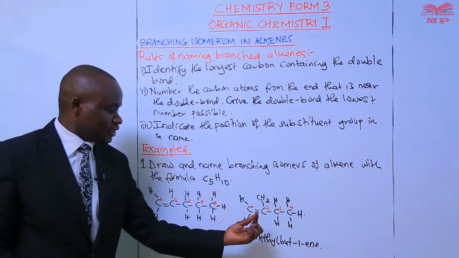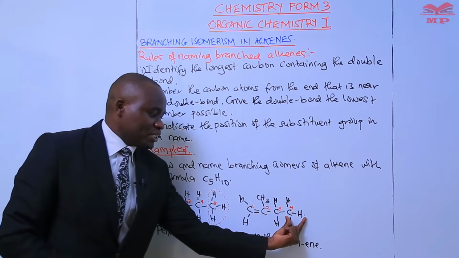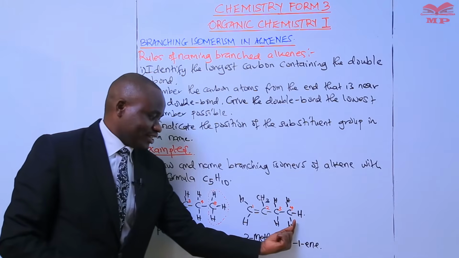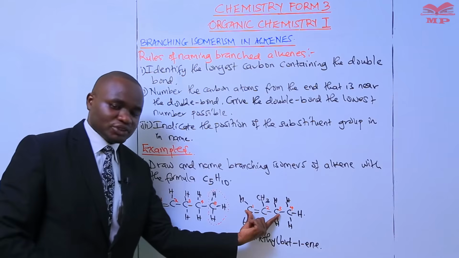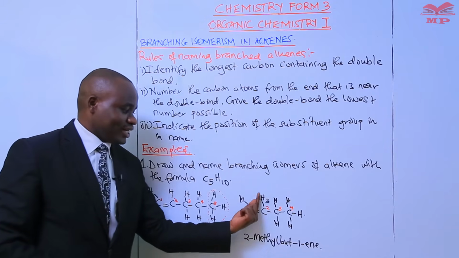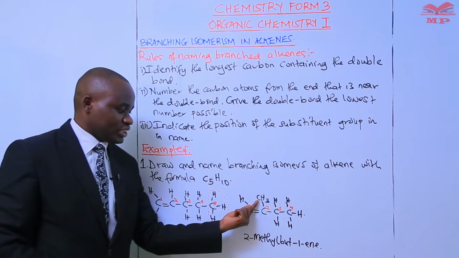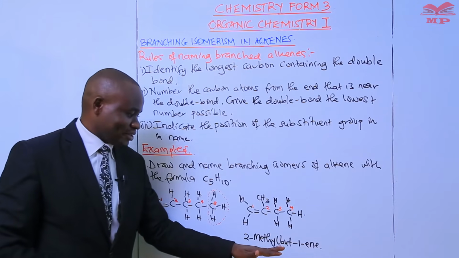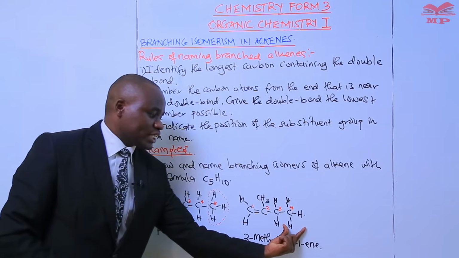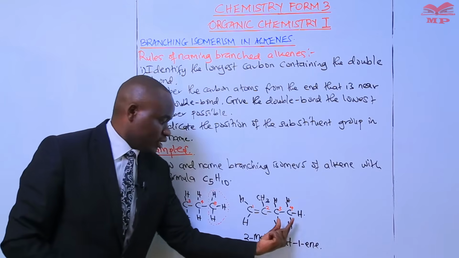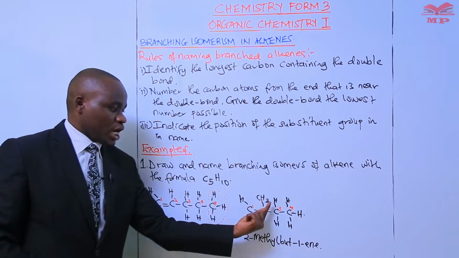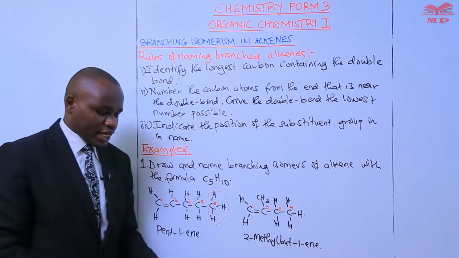Now, you realize that if I form a methyl group from this carbon with these 3 hydrogen atoms, then I'll be left with these 3 carbon atoms. Then you can see we no longer have any middle hydrogen atom. Instead, we have this methyl. So we are saying that we cannot form another isomer by forming a methyl group from this. Instead, we can move this methyl group from this position up to this position. That will still give us another isomer.